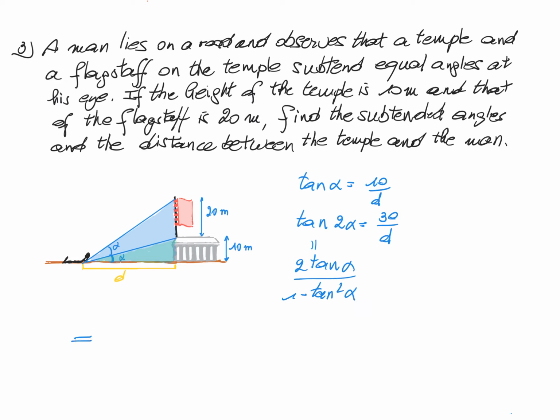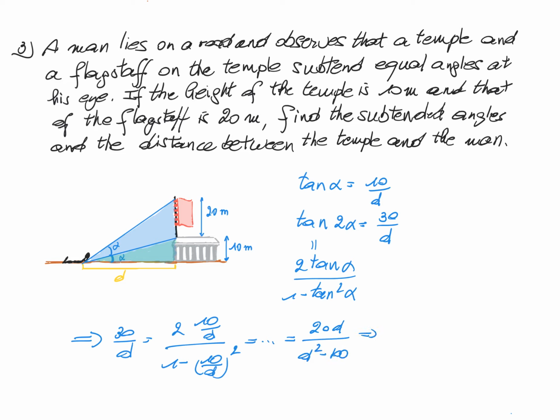So this means that 30 divided by D is equal to 2 times the tangent of alpha, but that one was 10 divided by D, divided by 1 minus the tangent of alpha squared, so 10 divided by D squared, which gives, after some small calculations, 20D divided by D squared minus 100.